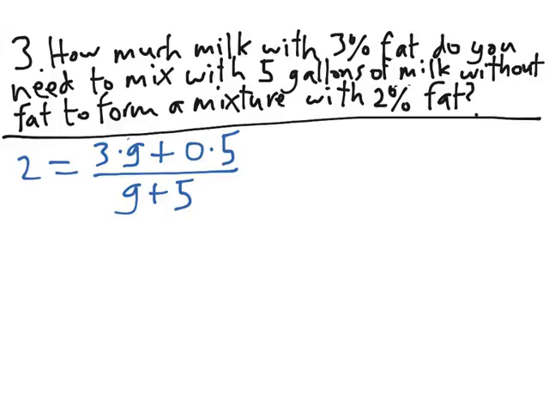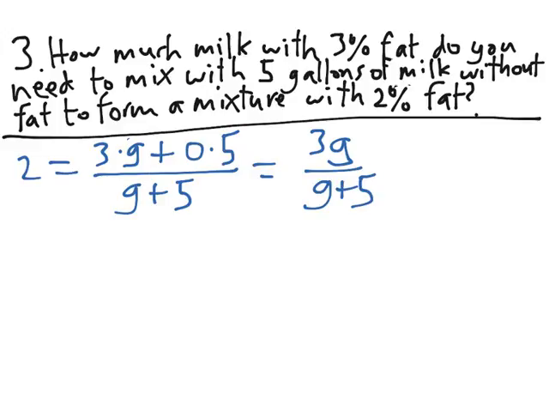On the top we have 3 times G, since we have G gallons of milk with 3% fat, and 0 times 5, since we have 5 gallons of milk with no fat, and at the bottom we have G plus 5 because G and 5 are the weights that we're using. Now 0 times 5 is just 0, so this simplifies to 3G over G plus 5.